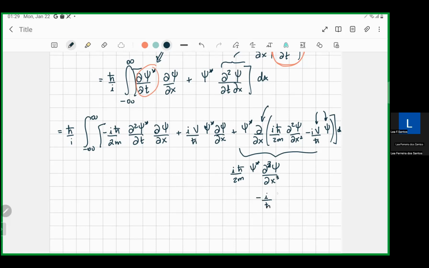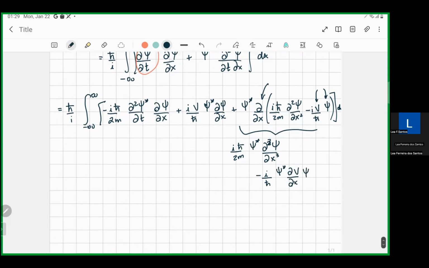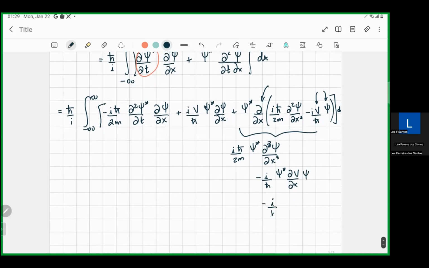We have psi times the derivative of V, psi, and we have psi V and the derivative of psi. Well, you see that we can already identify something that we can cancel, which is this term here, which is positive, with this term here with the negative sign. Okay, okay.